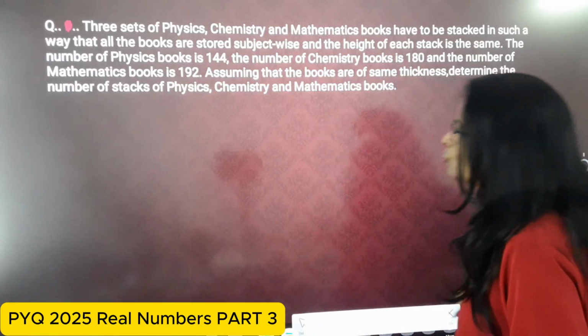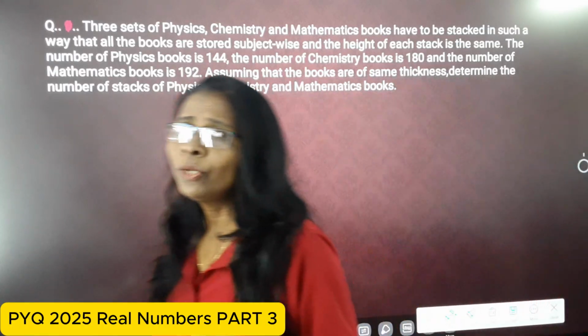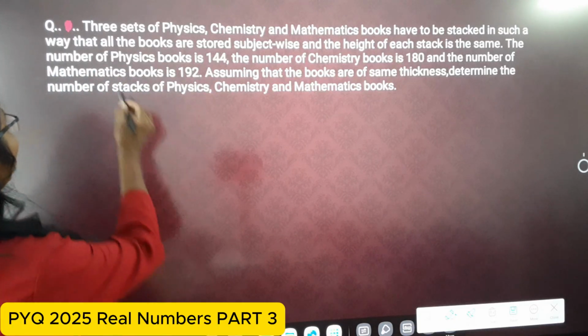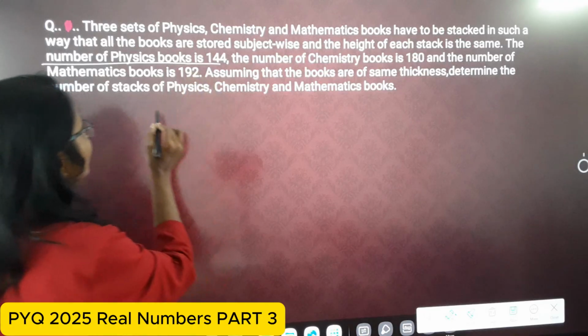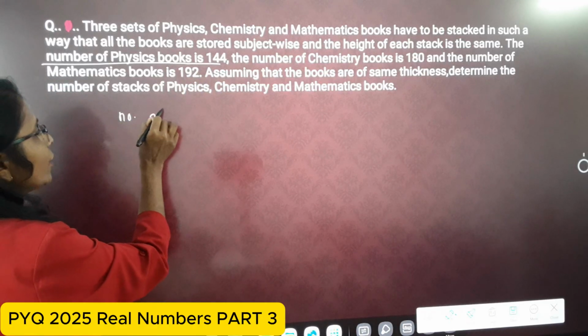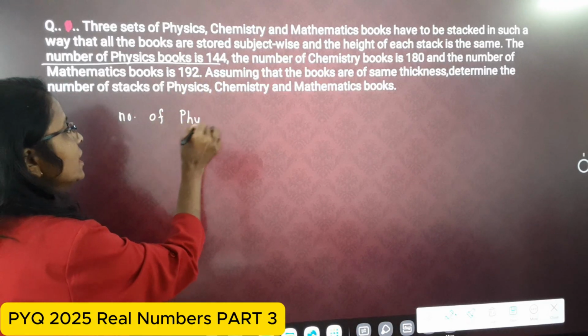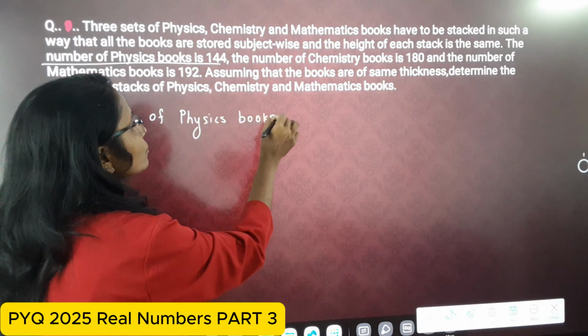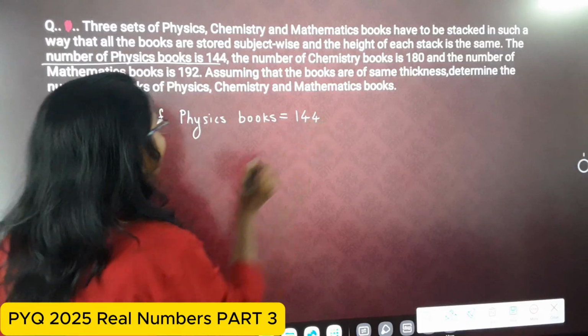Okay students, so first we note down the number of books. The number of physics books is equal to 144.